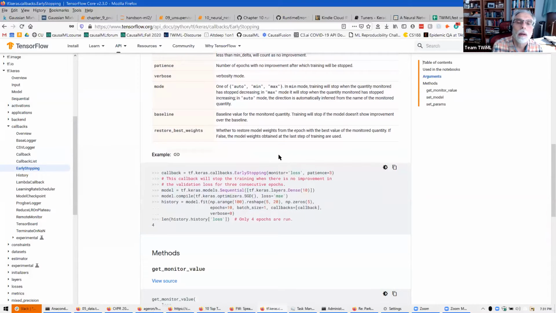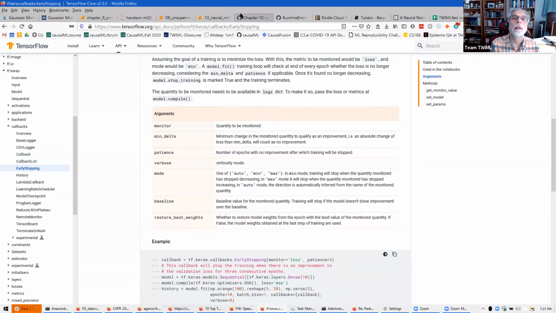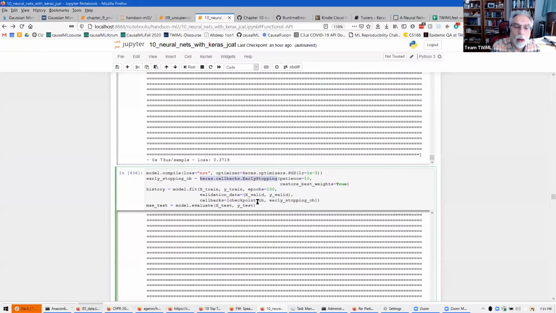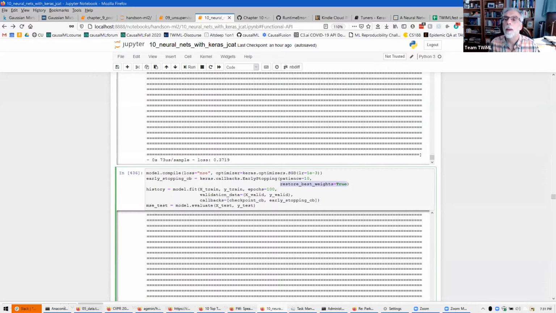It doesn't say. But in our model, we said that it should be true. So it's going to take the best weights of any of the epochs rather than the weights at the end of the training run. Okay, so that's basically just defining the callback.